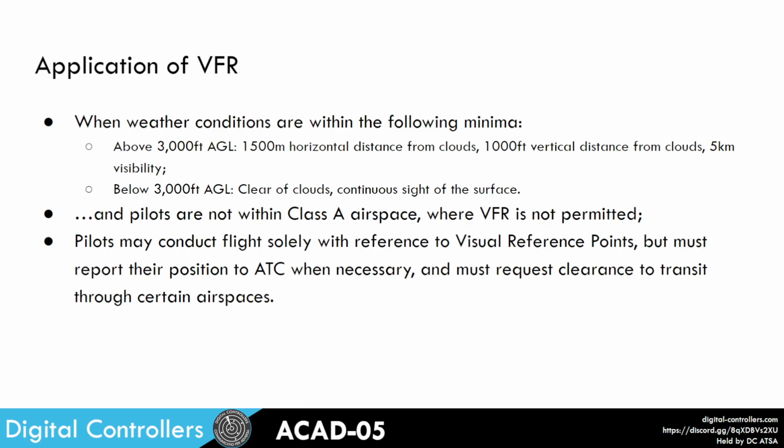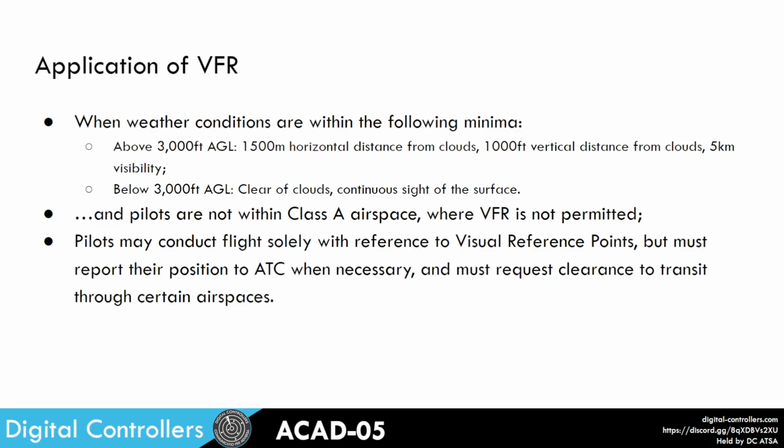So let's talk about when we can apply VFR specifically to start with. Because we are navigating by looking outside the cockpit, we have specific weather conditions that we have to adhere to. So above 3,000 feet above ground level, aircraft need to maintain 1,500 meters horizontally from clouds, 1,000 feet vertically from clouds, and 5 kilometers visibility.